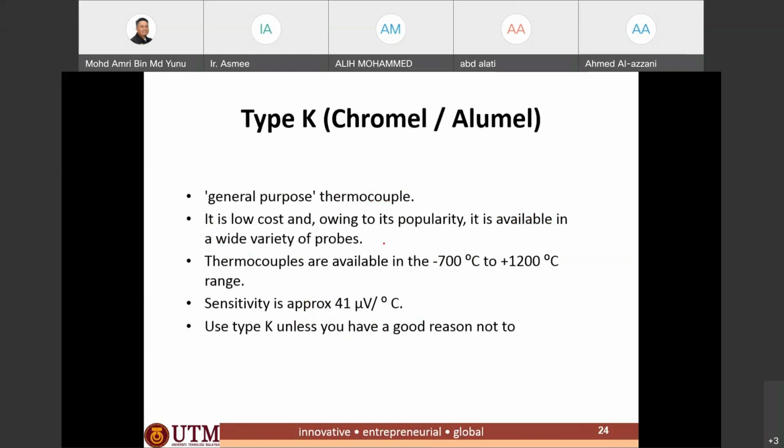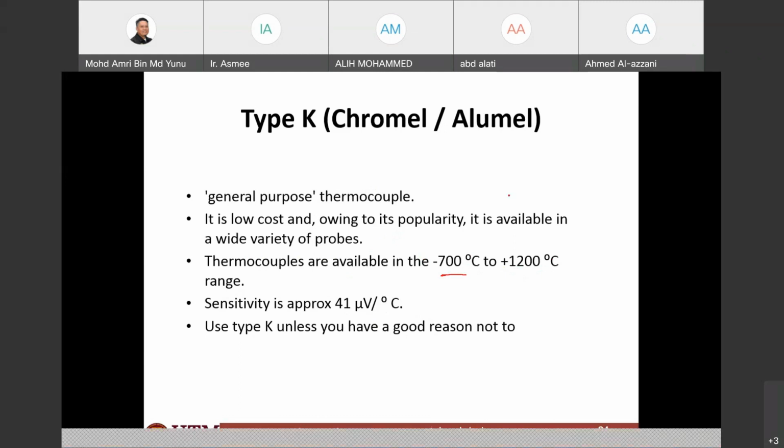So one of the most used types of thermocouple is type K. It has a good temperature range, negative 700 degrees Celsius to 1200 degrees Celsius. Sensitivity is relatively low, but you can say it is medium range.